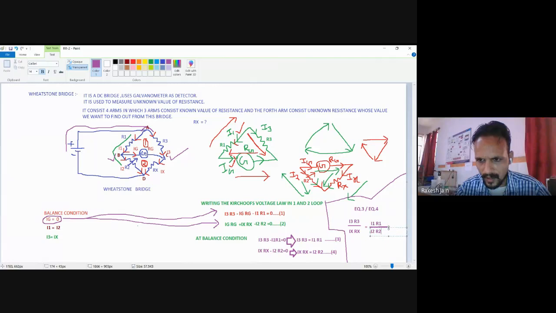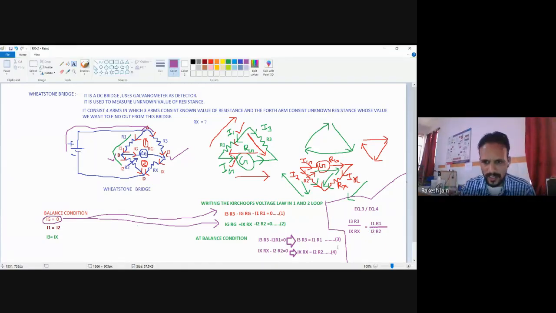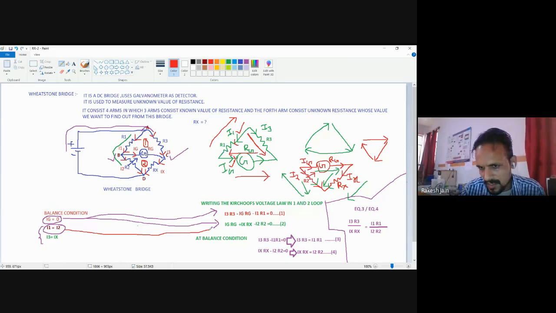Now see what the remaining two things we just put. Because the voltage polarities are equal at B and D, I1 is equal to I2. So I just put I1 equal to I2 at this right hand side.